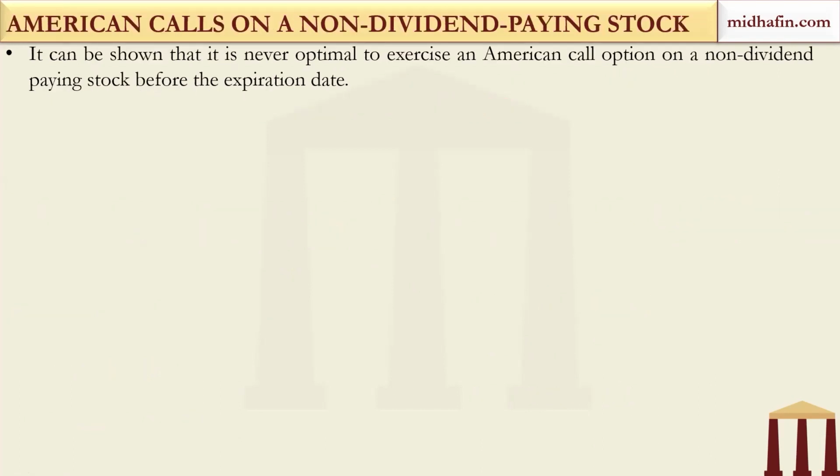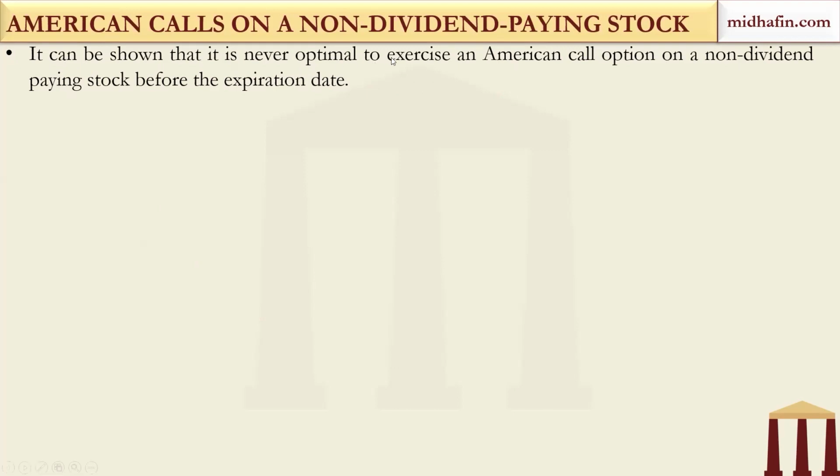Okay, now American calls on non-dividend paying stock. As I mentioned earlier also, while explaining the upper bound and lower bounds of the American and European call options, it can be shown that there is a valid proof, valid explanation. You guys might have studied it, and I'll not go into that because that's not as important from the examination perspective.